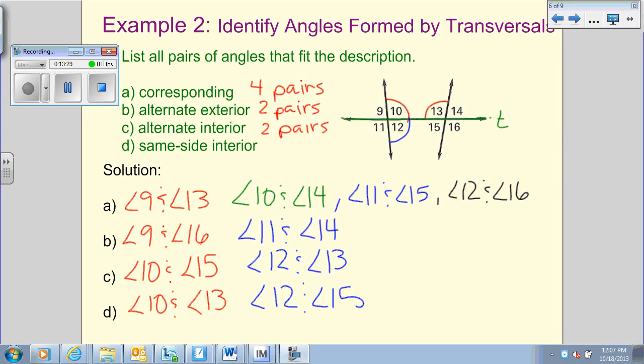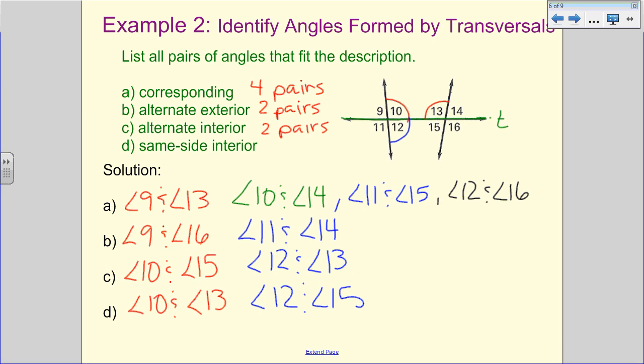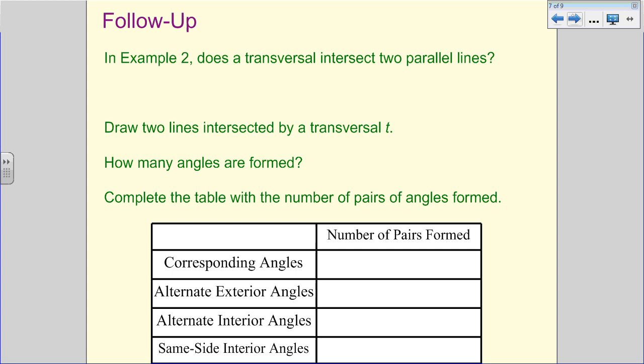Alright guys, so that's a lot of stuff there, a lot of pairs, but like I said, we will spend quite a bit of time next week getting to identify these. But it comes back down to making sure you understand your vocabulary. Alright, this follow-up, I'm expecting you guys to do this. This is a check-in class.